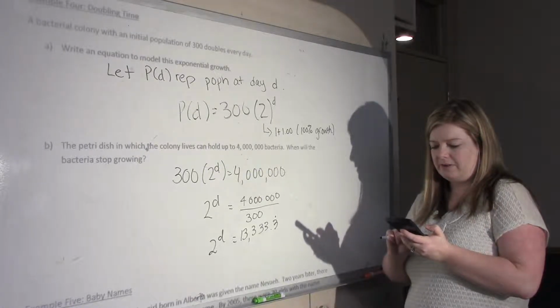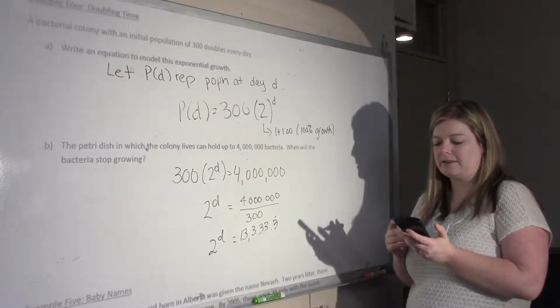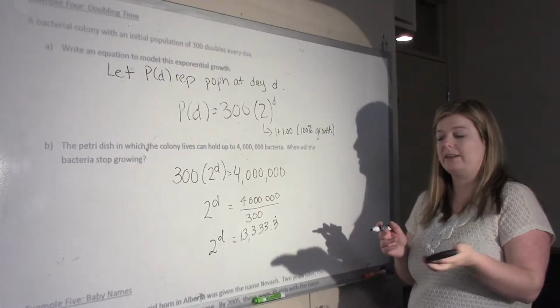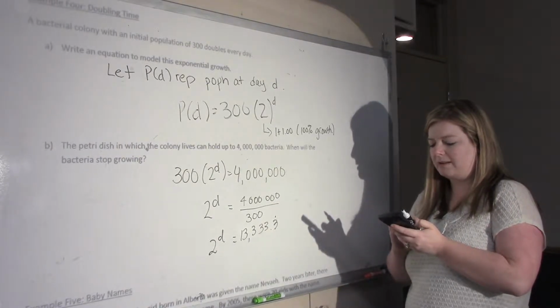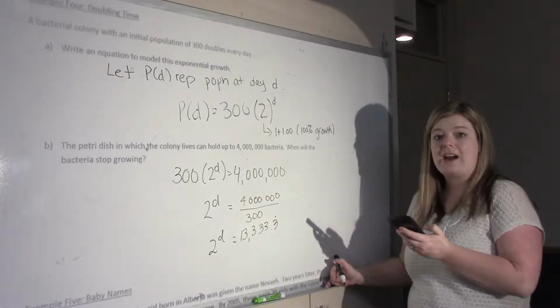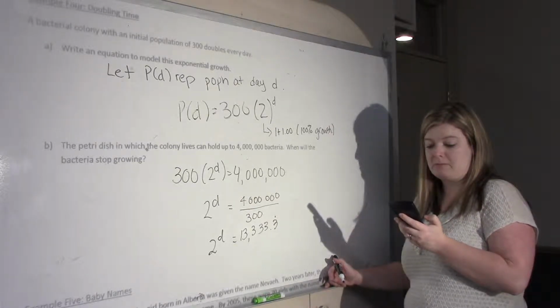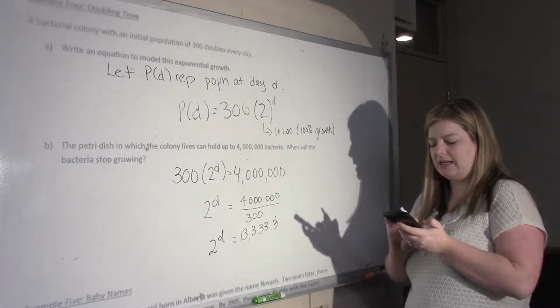Let's try 2 to the power of 50. I get some humongous number, in scientific notation on my calculator. That's obviously way too big. So let's try 2 to the power 25. That still gives me some humongous number, way too high. Now I'm going to try 2 to the power 15.